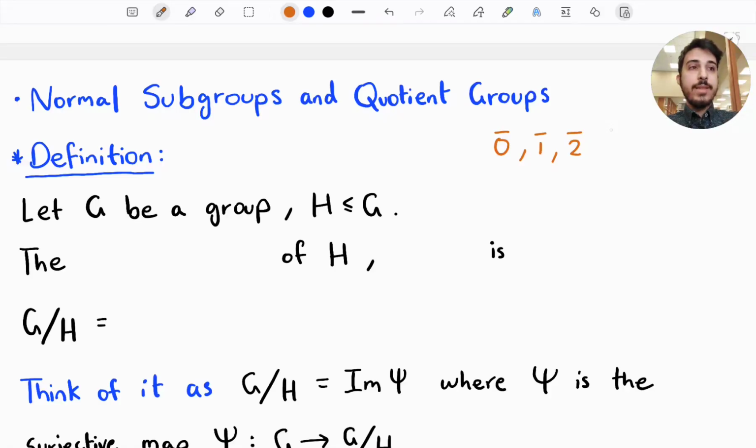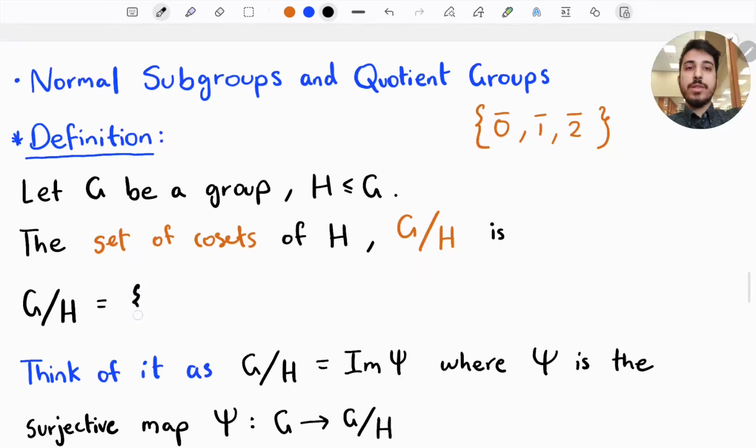So if we take the set of these 3 cosets, this is the topic of the definition that I'm about to tell you here. If G is a group, H a subgroup of G, then the set of cosets of H, which is denoted by G/H, is equal to just the set of cosets of H, basically.